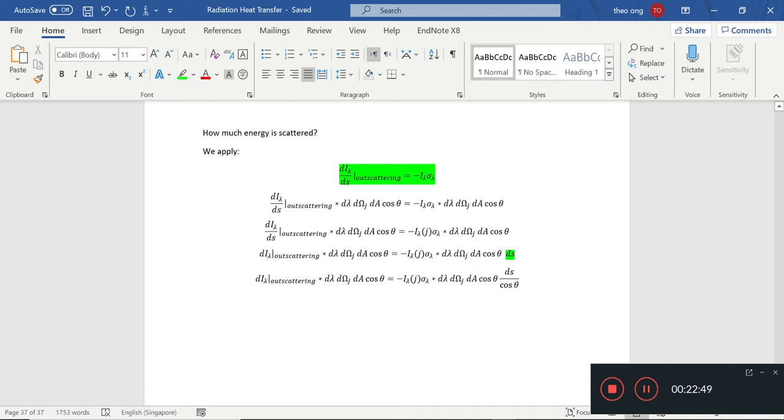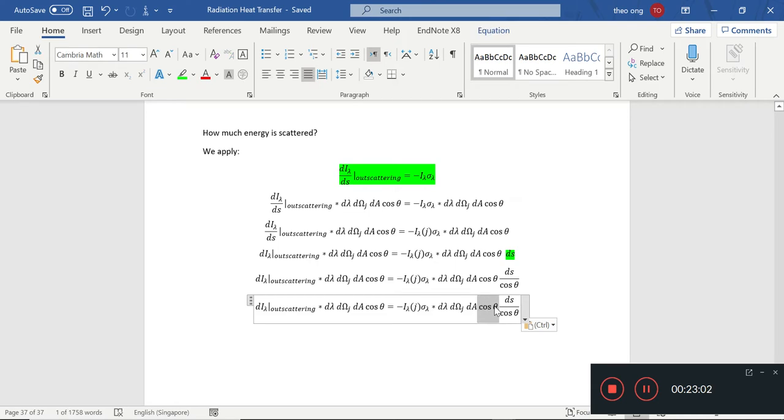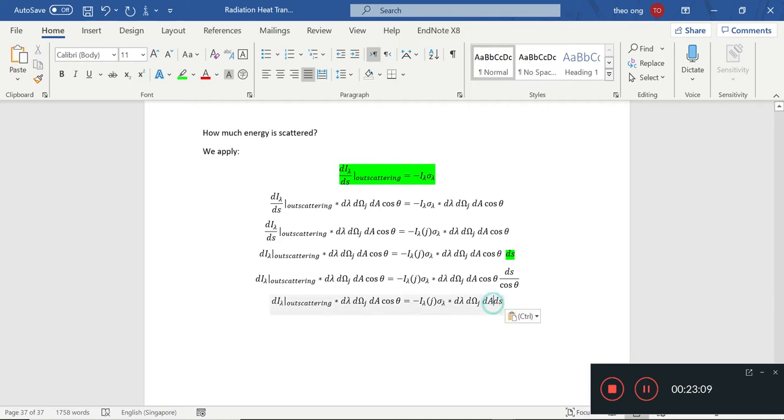So what happens after that? We realize that something interesting happens. The amount that's being outscattered, the cosine thetas cancel out, which is convenient, and the amount of radiation that's being scattered will be this quantity here, the amount of energy being scattered.